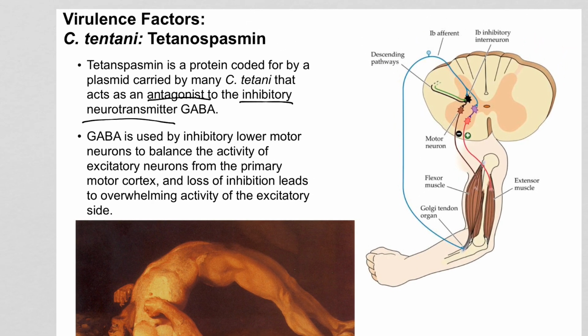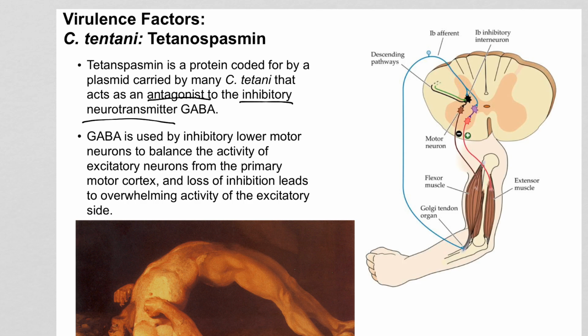And the idea here is an inhibitory neurotransmitter is normally used to keep your skeletal muscles under control. You have this constant push and pull of excitatory neurotransmitters trying to turn the muscle on, and inhibitory neurotransmitters trying to turn it off. If you completely lose the ability to inhibit the muscle, they'll just spasm out of control.